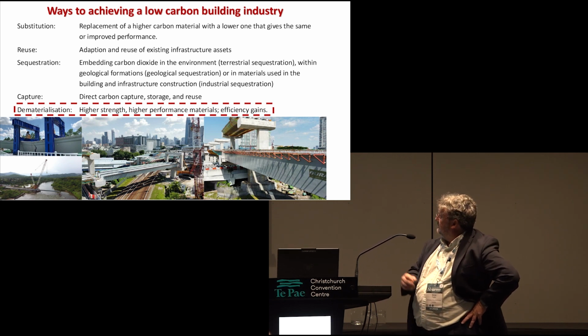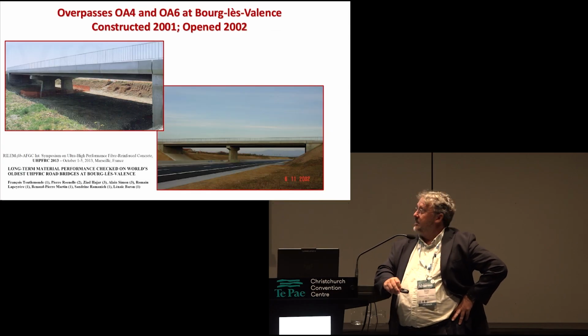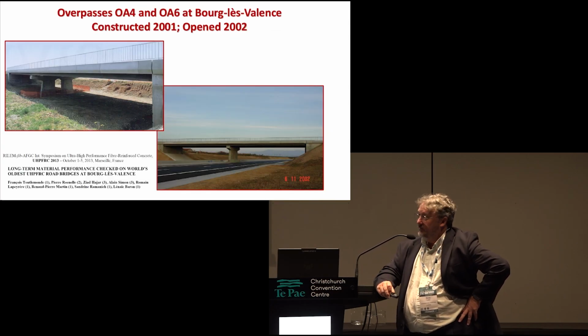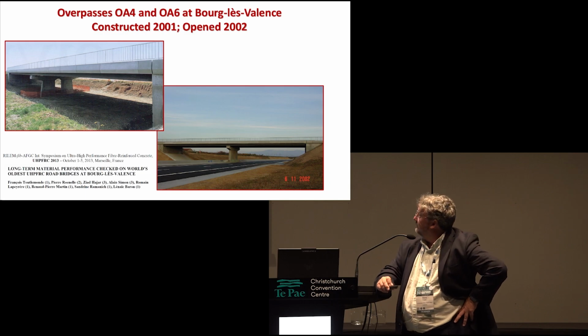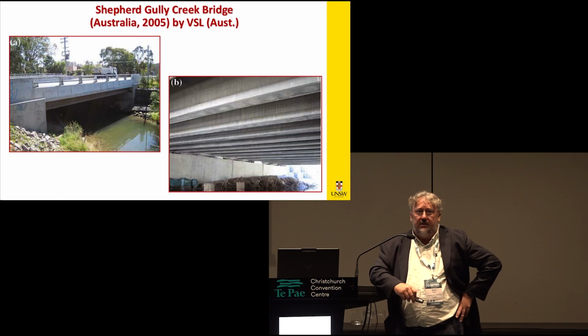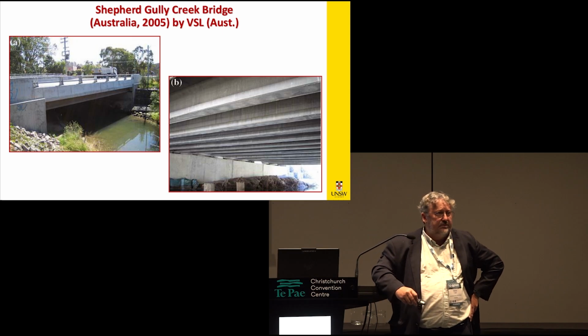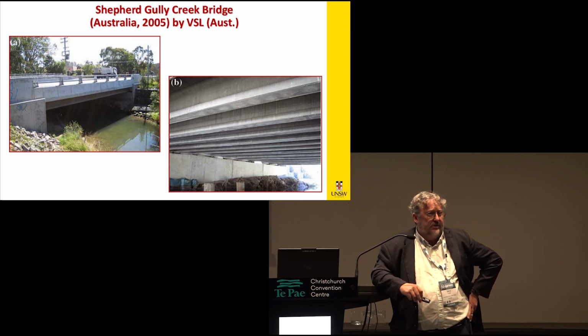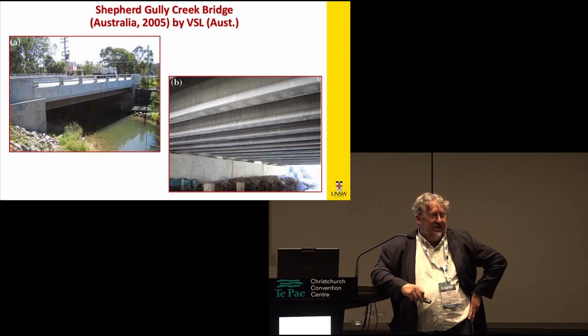I'll go through some of the history, and I'm going to talk pretty much about road bridges today. Of course, the first ones were built in France in 2001. They're documented there. In Australia, New South Wales, we have one that was built in 2005. It was one of the world's first, but it was also the last one that we built, which was unfortunate.